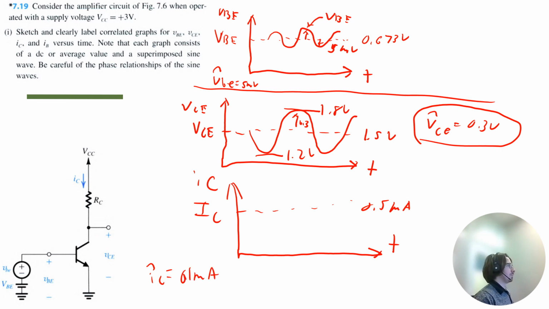So we're going to go up and down with the amplitude of 0.1, which means our max value is 0.6 milliamps and our minimum value is 0.4 milliamps. So not enough room for IB, but it's the same process for all of these. Hopefully this is becoming clear. We have an AC and a DC component to the graph.